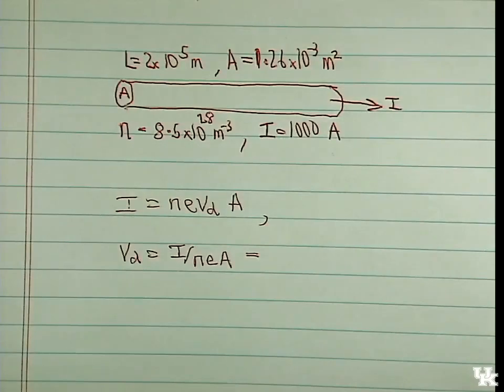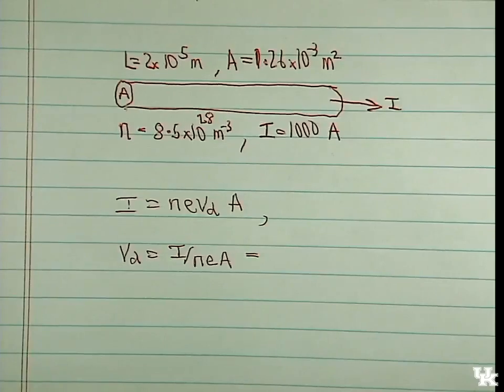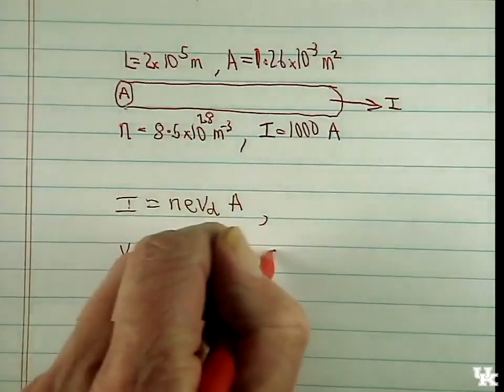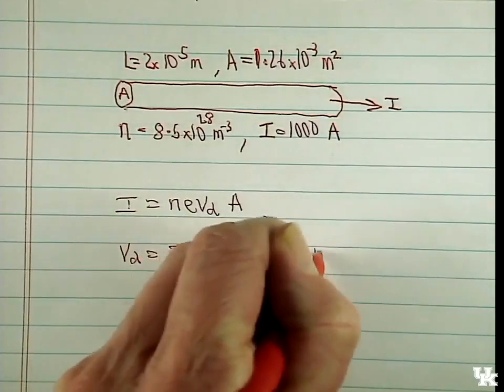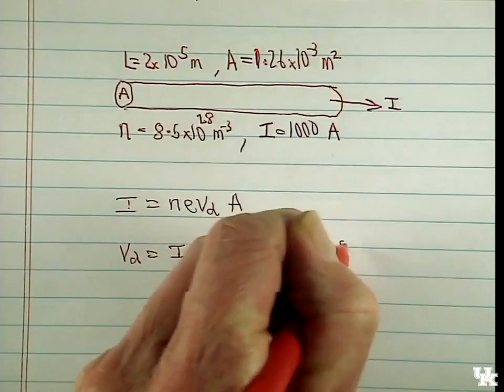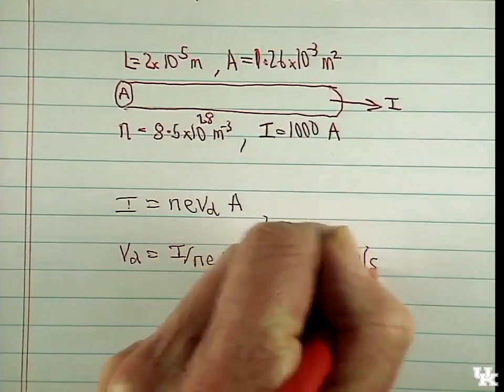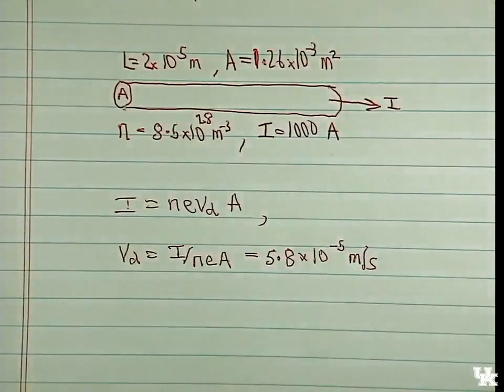I'm not going to write them down, obviously, because we'll be here for 20 minutes. But if I fill them all in, I got the speed. And you might be surprised at the number that's going to come out: 5.8 times 10 to the minus 5 meters per second.